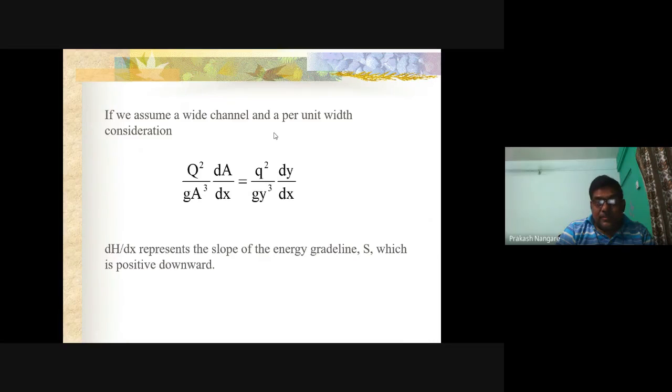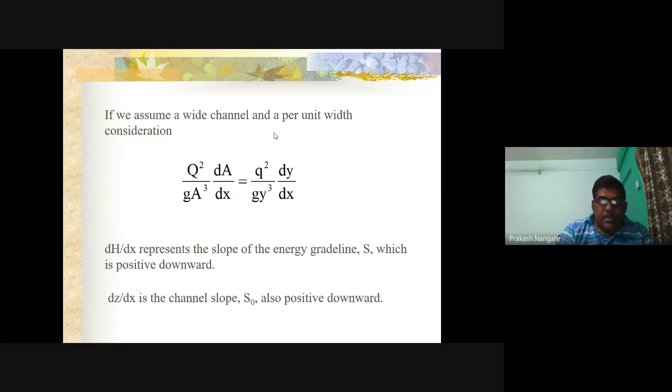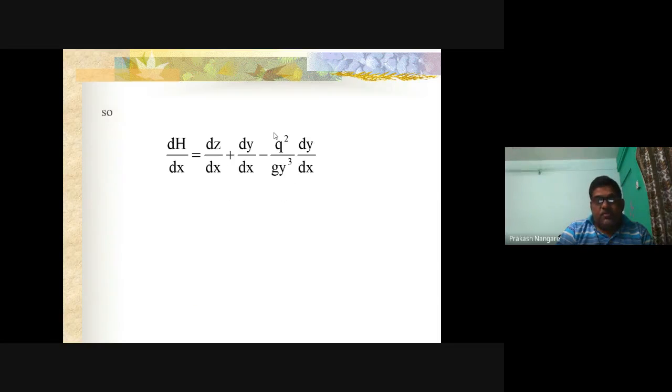If you differentiate the head loss equation with respect to x, it represents the slope of the energy gradient line, denoted by the symbol Sf, with f as a suffix for friction, which is positive in the downward direction. dz by dx is the channel slope, which indicates the bed slope of the channel, which is positive in the downward direction. So substitute all these values in the earlier equation.